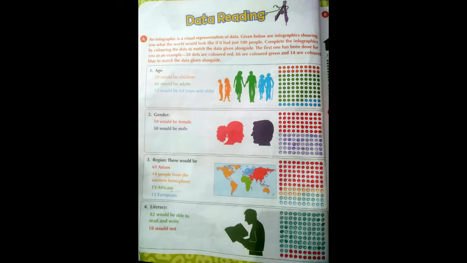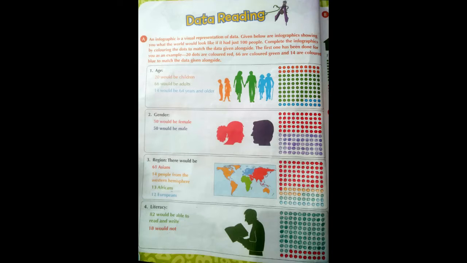Complete the infographics by coloring the dots to match the data given alongside. The first one has been done for you as an example. 20 dots are colored red, 66 are colored green, and 14 are colored blue to match the data given alongside.